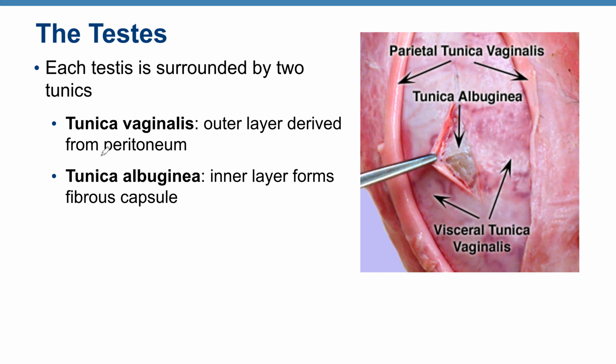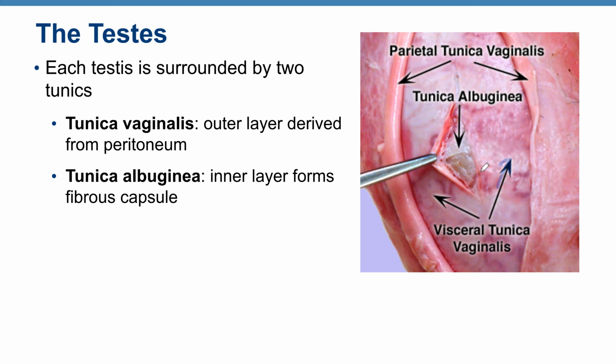Because it's a serous membrane, it always has 2 layers: parietal tunica vaginalis and visceral tunica vaginalis. Like any serous membrane, it has parietal and visceral layers. So here we have parietal tunica vaginalis and visceral.